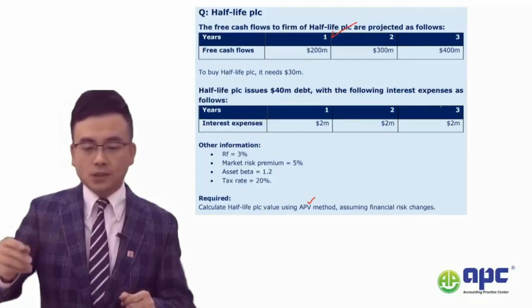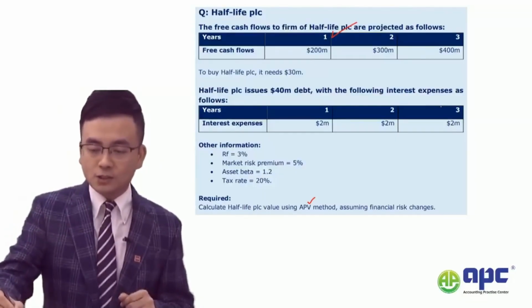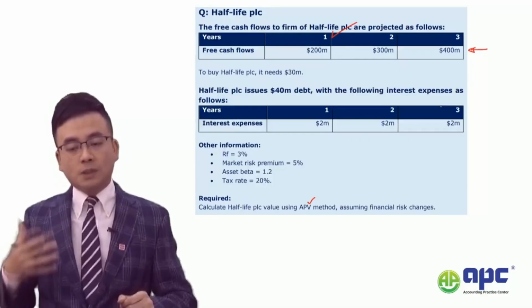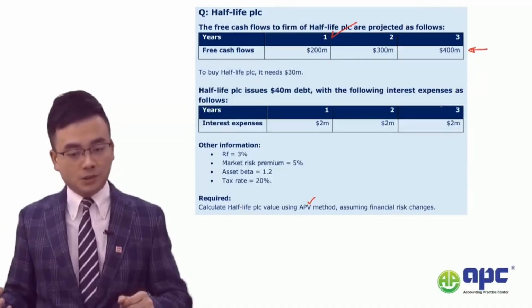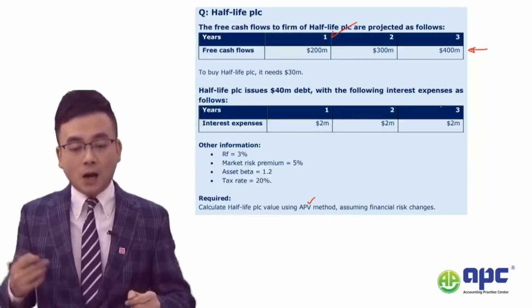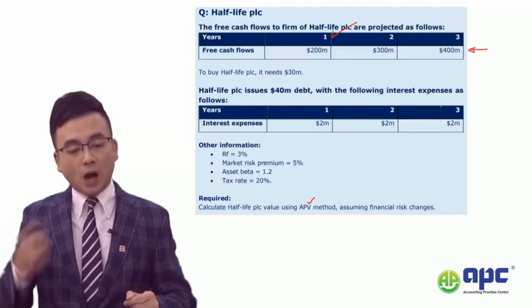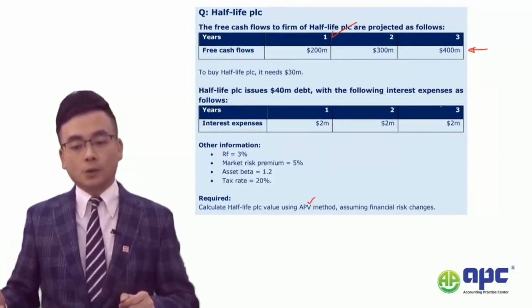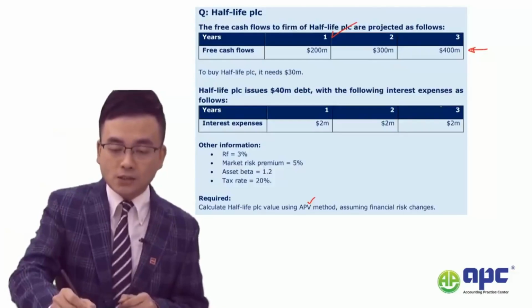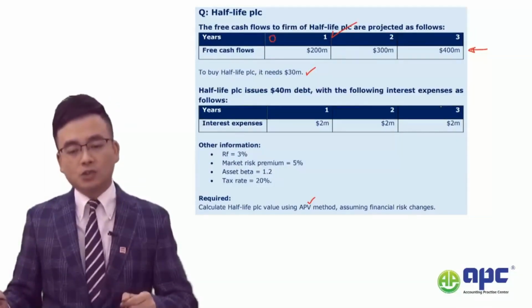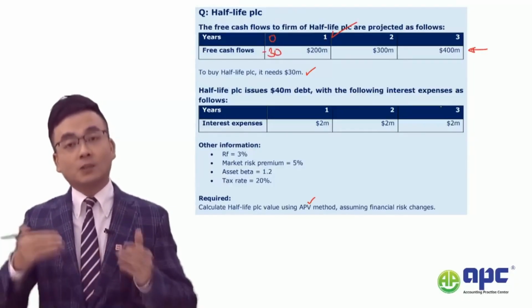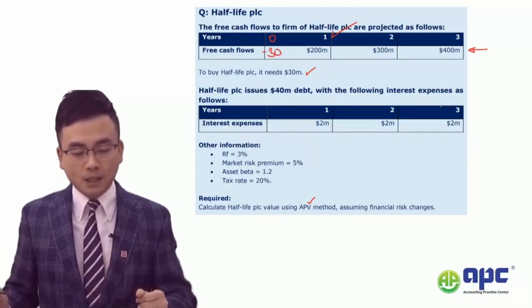We expect the free cash flows in years 1, 2 and 3 to be $200, $300, $400 million coming into the business. However, in order to buy Half-Life PLC, it will need $30 million. So at time naught, we spend 30 out and we will get 200, 300, 400 at the end of years 1, 2 and 3.